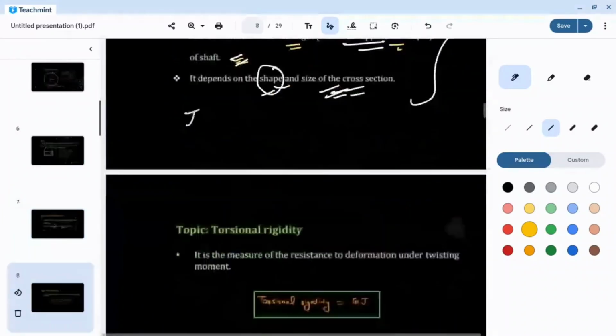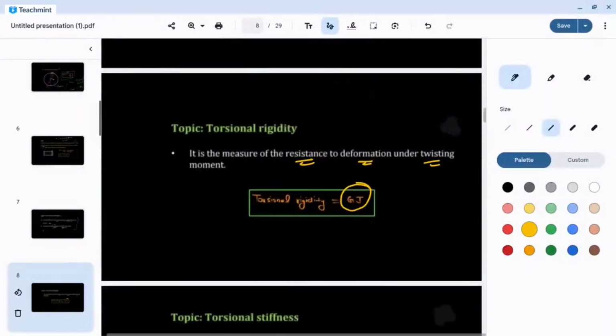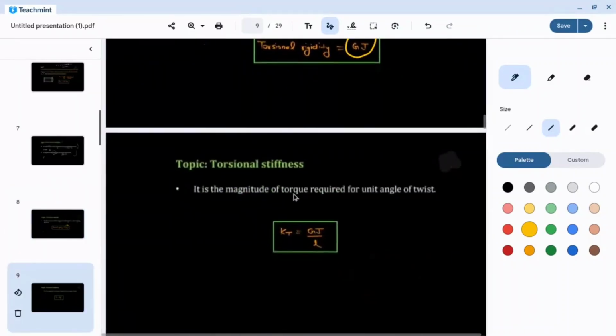Torsional rigidity is the measure of the resistance to deformation under twisting. Its value is GJ, whereas in the axial case it is AE. Stiffness is the magnitude of torque required for a unit angle of twist, other than force required per unit area.